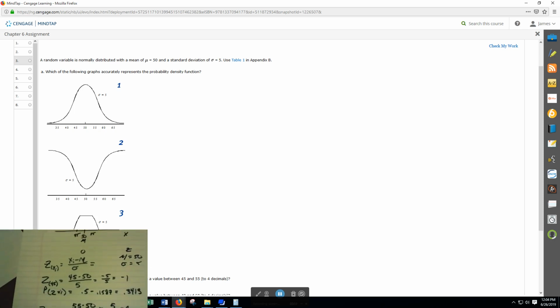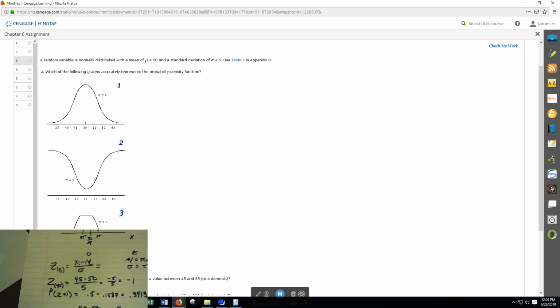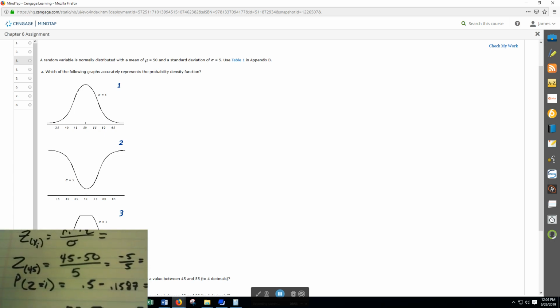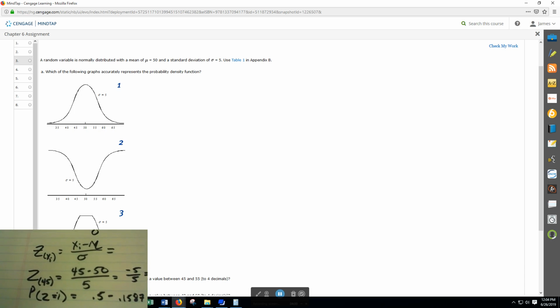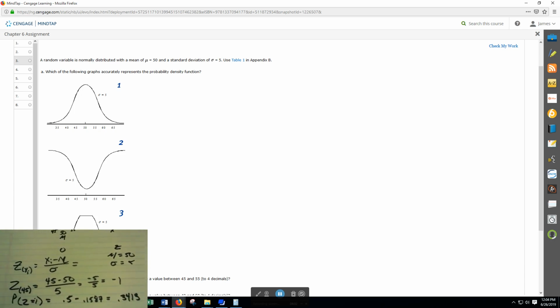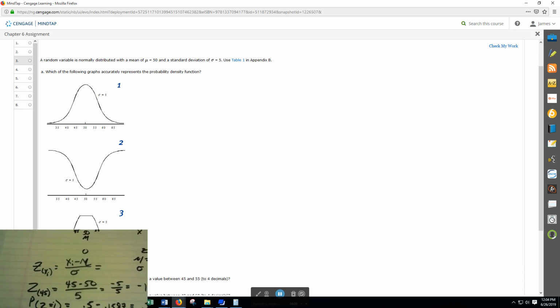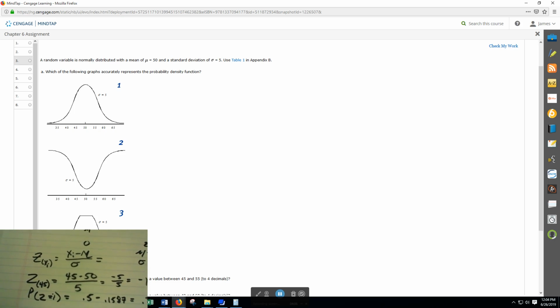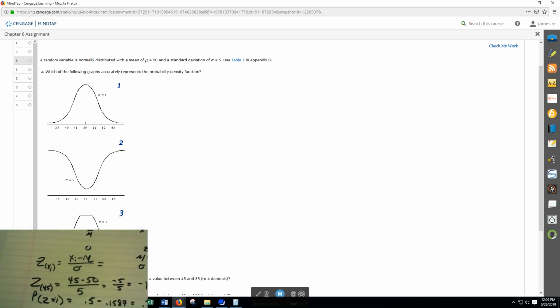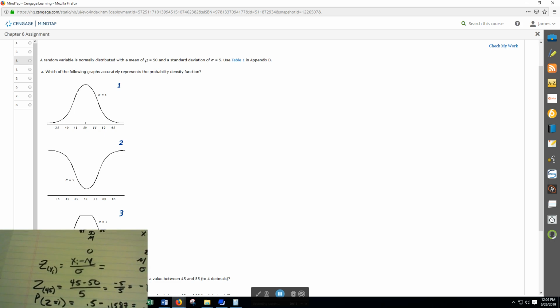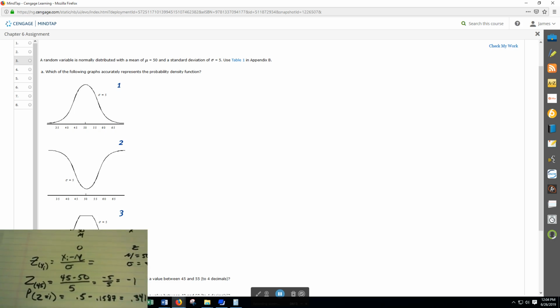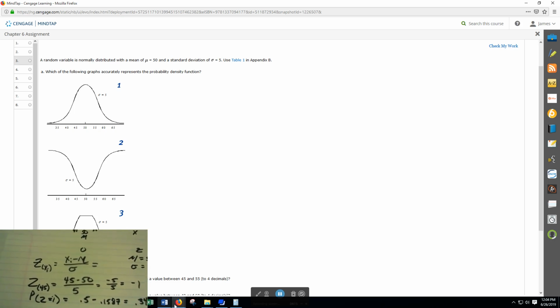So here we can stick values in. We'll start with z when x is equal to 45. We take 45, which is the x sub i, minus the mean, which is 50, and we divide that difference by the standard deviation, which is 5. So I have negative 5 over 5. That comes out to be a z of negative 1.